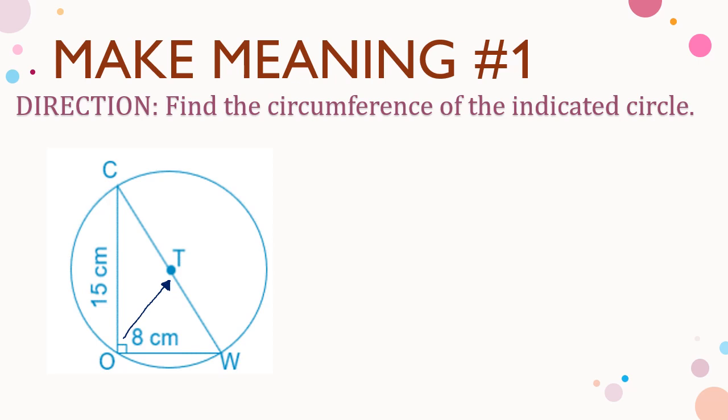So we can start with the Pythagorean theorem, which is c squared equals a squared plus b squared. To make it more precise, let's make use of the names of the corresponding segments. So we have CW squared equals OW squared plus OC squared.